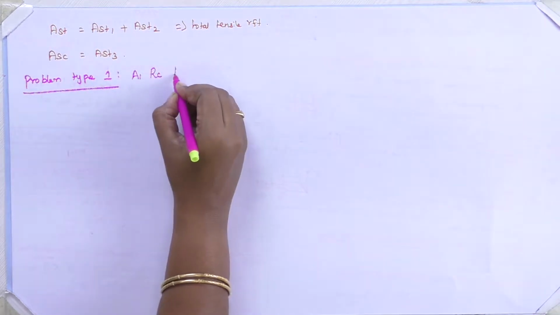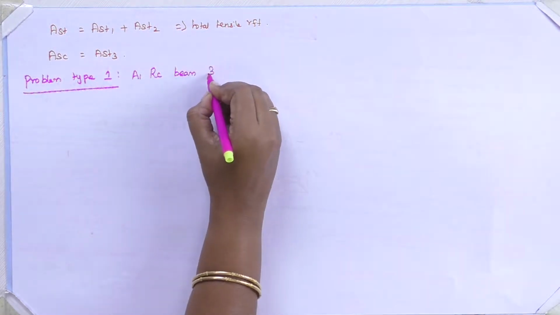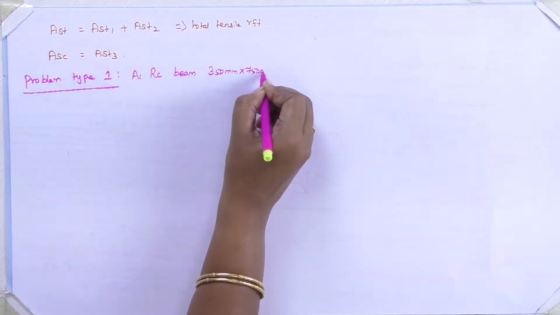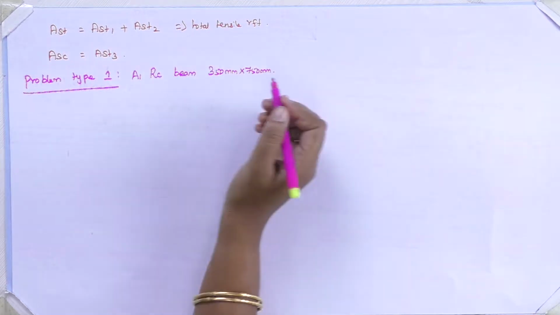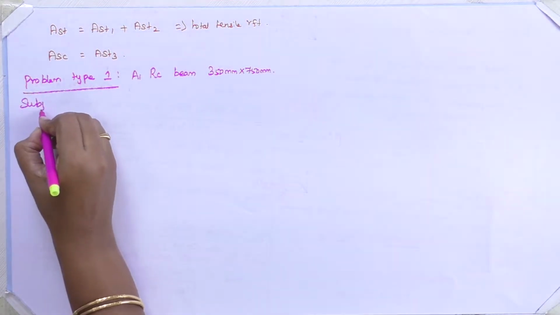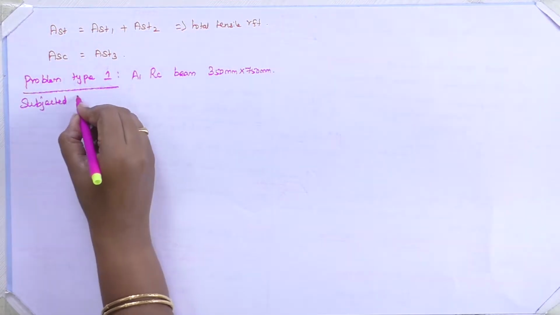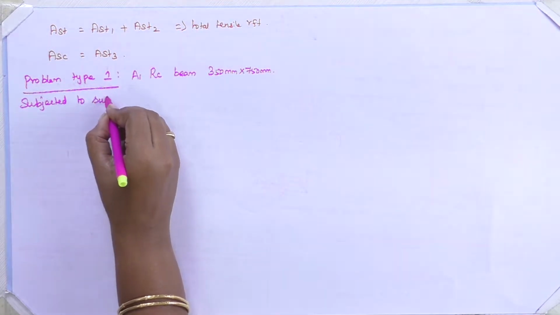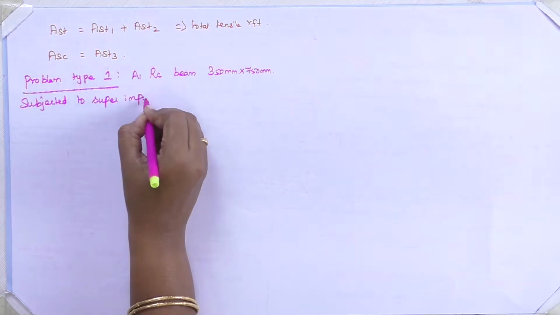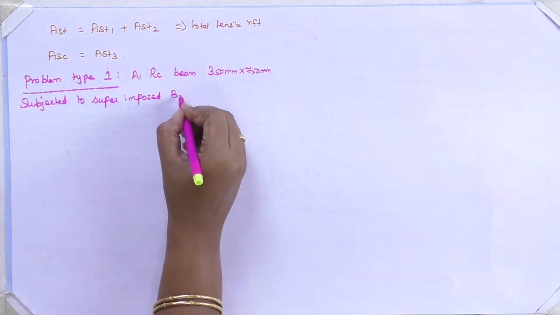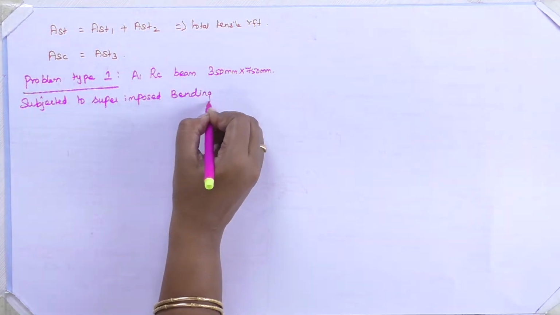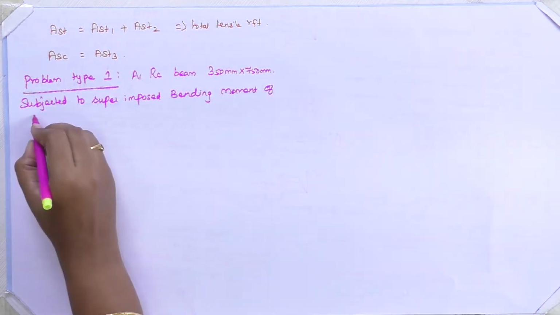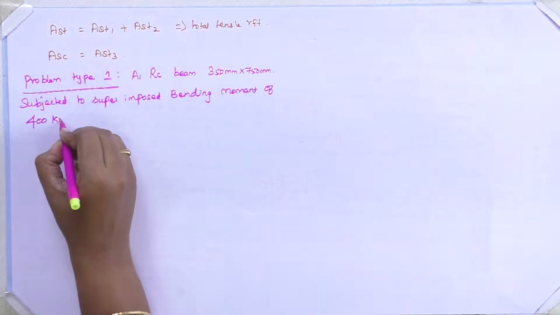A RC beam 350 mm by 750 mm subjected to superimposed bending moment of 400 kilonewton meter.